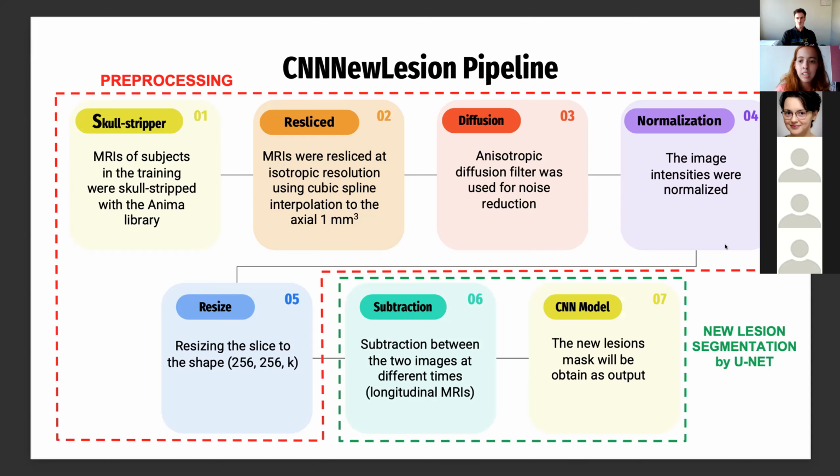After that, the parts related to the segmentation of the new lesions occur, where the 2 images are subtracted and are used as input to the network. And then the model is trained and used to obtain the output of the new lesions.